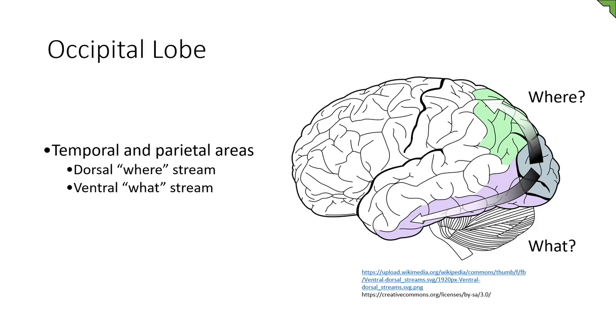And the where stream goes to the parietal lobe and the occipitoparietal areas where the spatial orientation is represented. So this is important to analyze the spatial information in a visual picture.